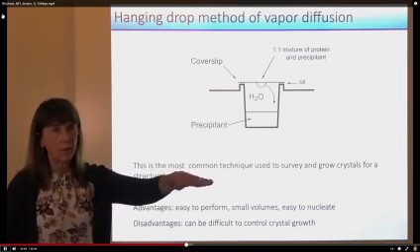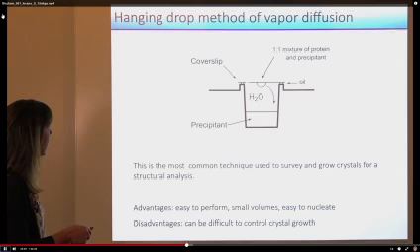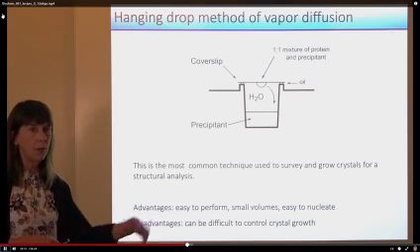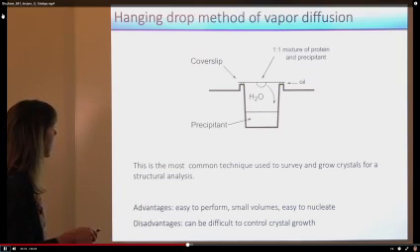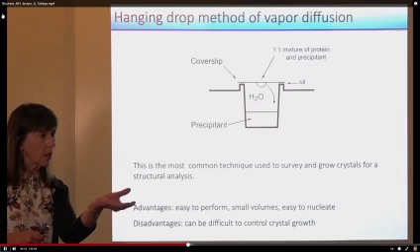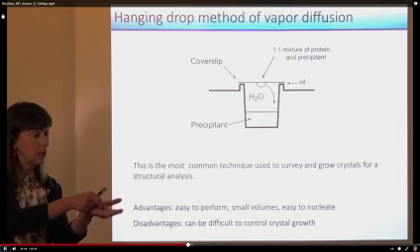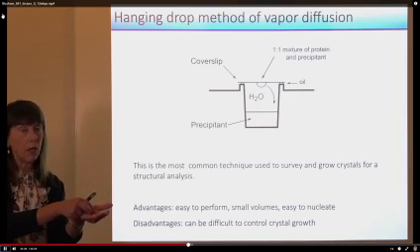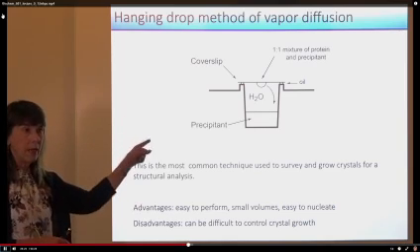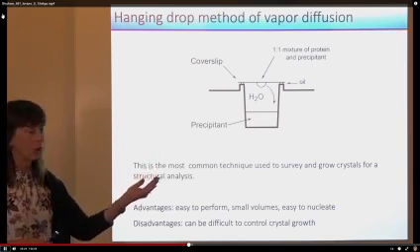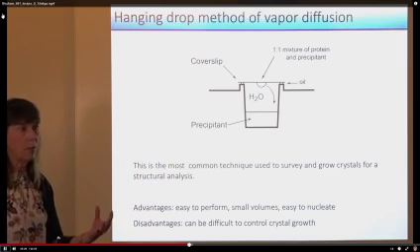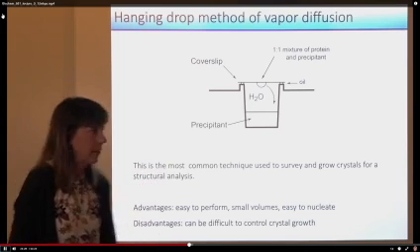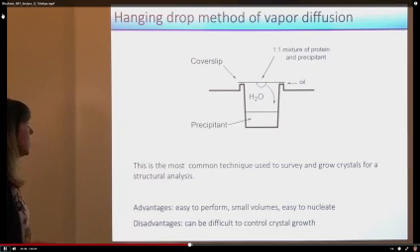Then you flip it over and seal it with oil, and over time by vapor diffusion, the water will come down here and the drop will start to basically dry down, and if you're lucky, you get crystals. Now, a bigger droplet tends to give you bigger crystals, but people use really like 1 microliter. We used to use 10 microliters. This is probably the most common way, vapor diffusion.